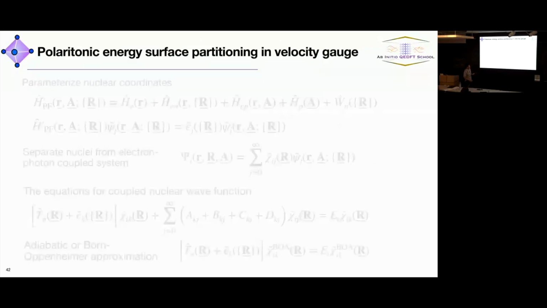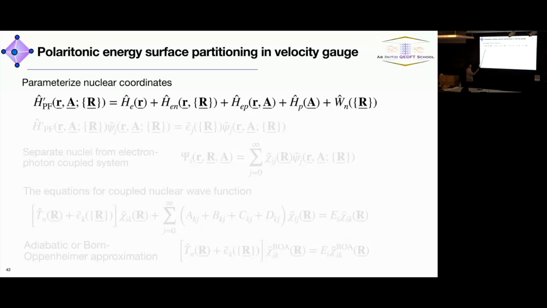Okay, so now I'm going to choose the second partition, the polaritonic energy surface partition. So what I choose is that I collect all the electronic and the photon degrees of freedom together. So I have an electronic Hamiltonian, electron and nuclei, but for the nuclei, basically it is a parameter. And we also have electron-photon and photon itself and the nuclei, and this is also the parameter.